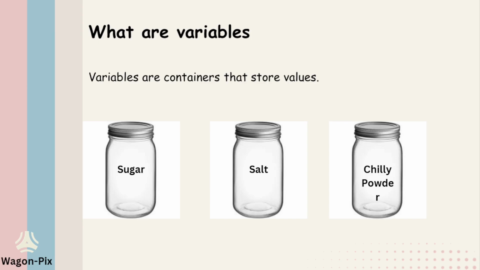So why do we need a variable or a storage system? Actually, when we write code, what we mean by programming is that we are giving instructions to our computer, what exactly we want the computer to do.